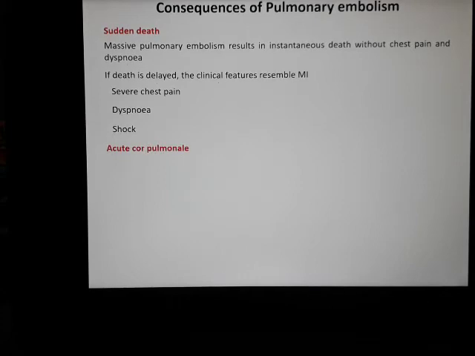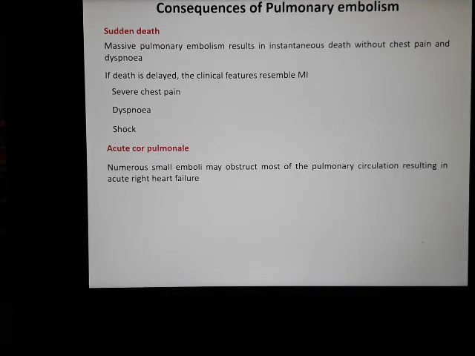Then second is acute cor pulmonale. I defined for you that cor pulmonale means disease of the heart, any problem in the heart due to causes in the lungs. Numerous small emboli, if massive, may cause sudden death. If the emboli are small and numerous, they may obstruct most of the pulmonary circulation, resulting in acute right heart failure.